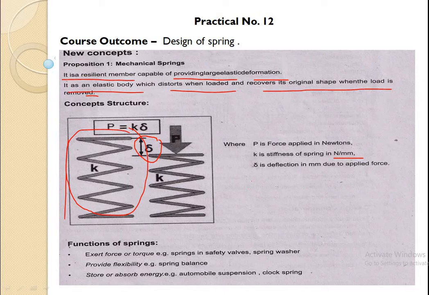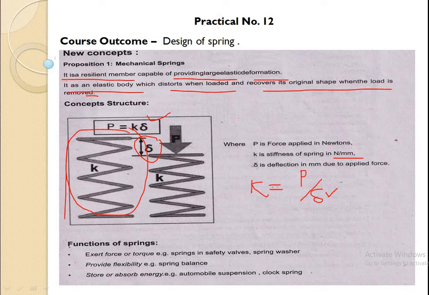So we get equation for K, that is stiffness is equal to load per unit deflection. Due to the load P, the spring undergoes a deflection of delta. So the value of applied force we get, P is equal to K into delta, where K is the spring constant.